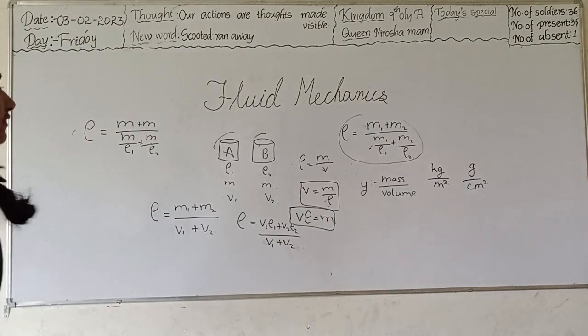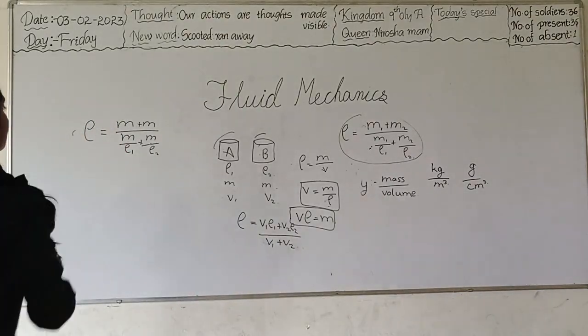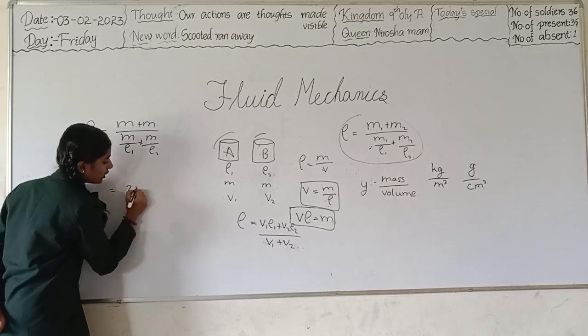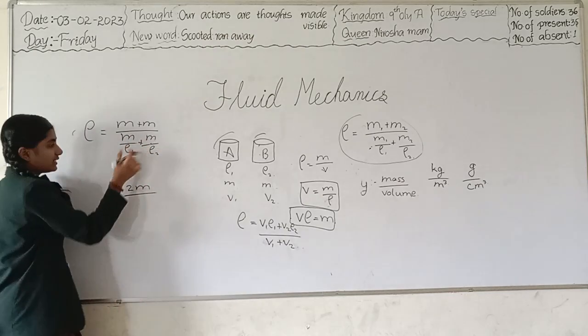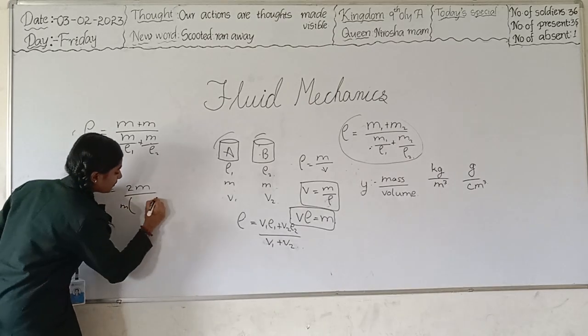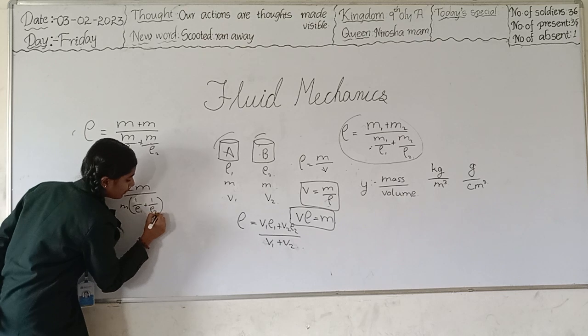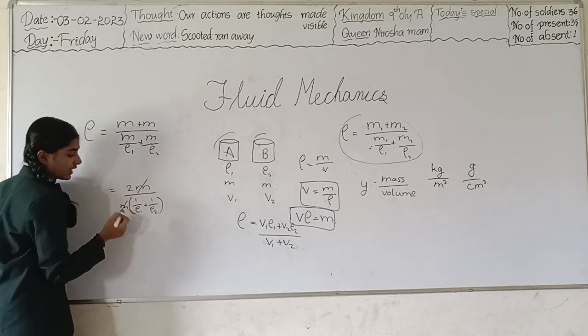So, how can we further solve it? Let me show you. As we added 2 m's, we get 2 m's. We take m common in this, so 1 by rho 1 plus 1 by rho 2. And this will be equals to, here we can cancel m, right?